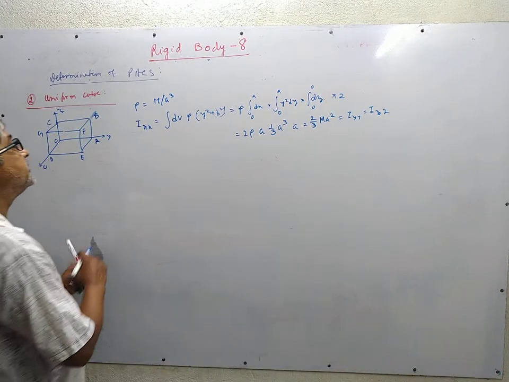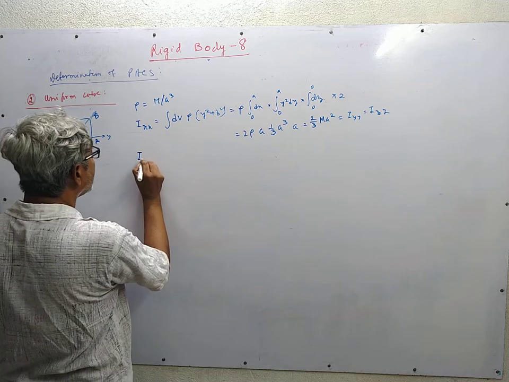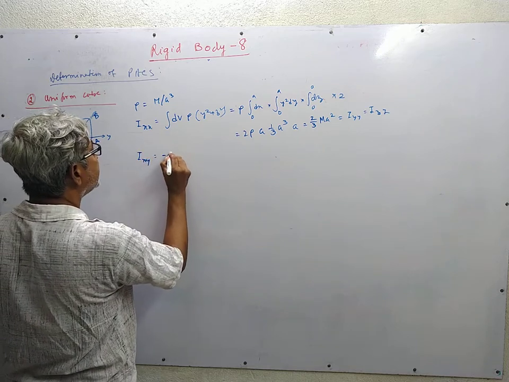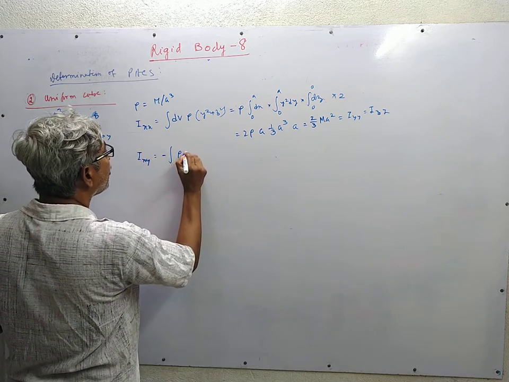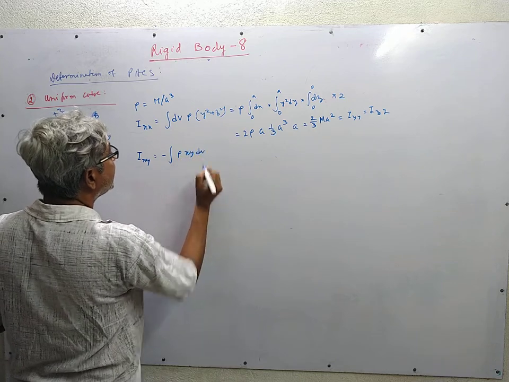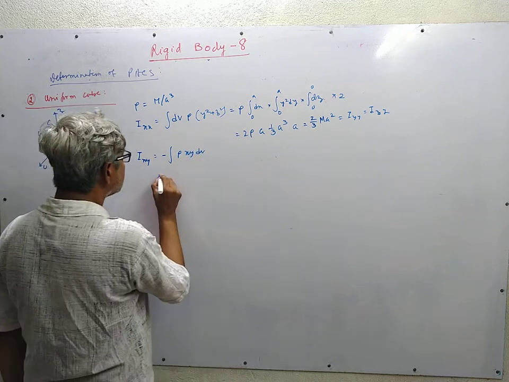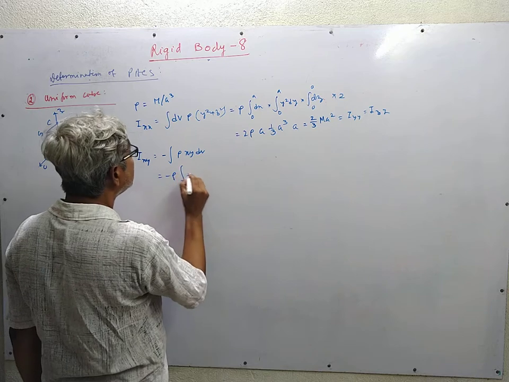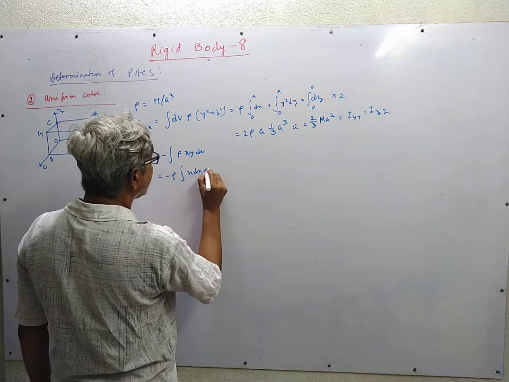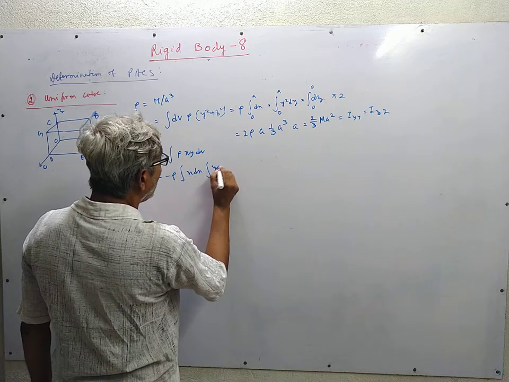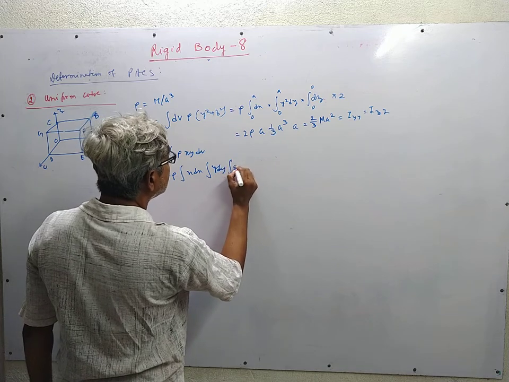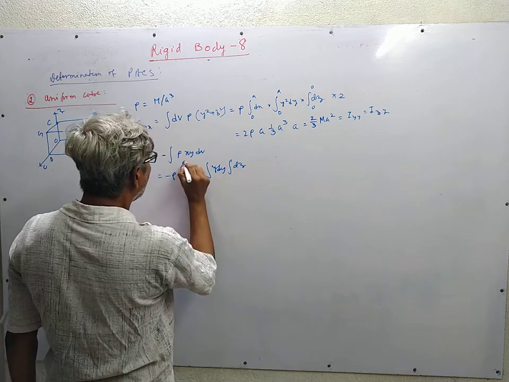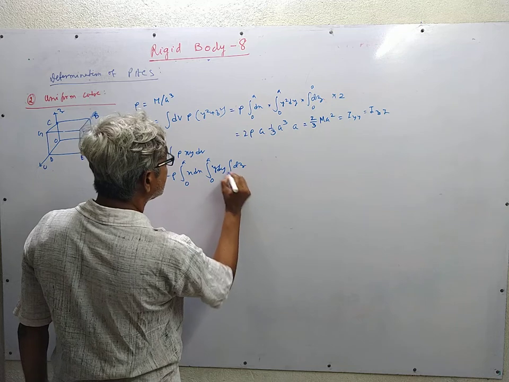And the product moment of inertia Ixy is equal to minus the integral of rho xy dv, which is minus rho x dx y dy dz, from 0 to a, 0 to a.